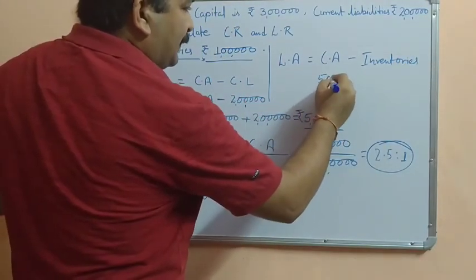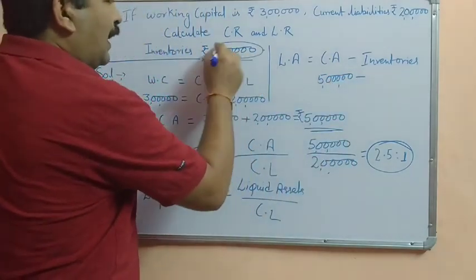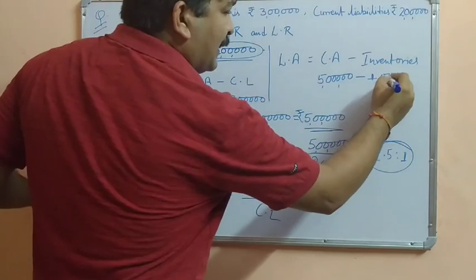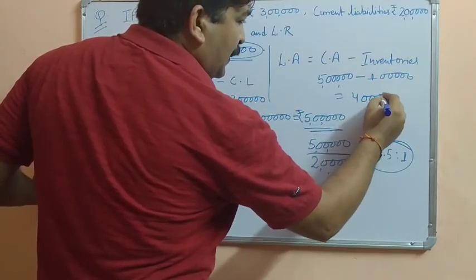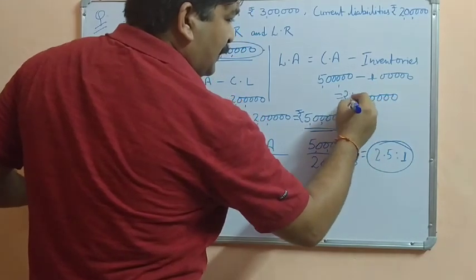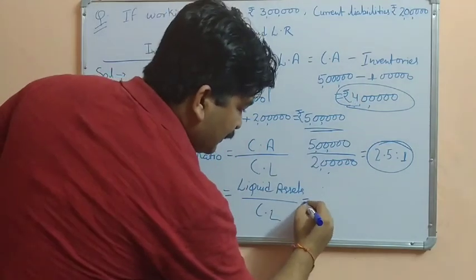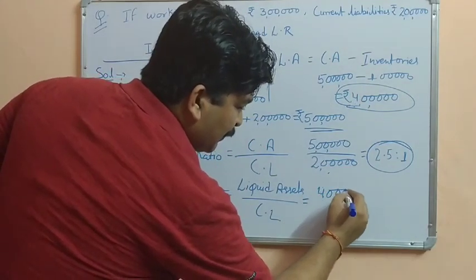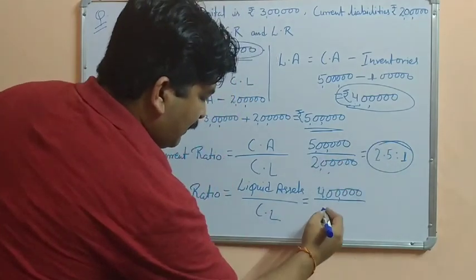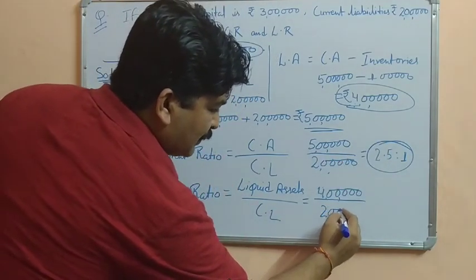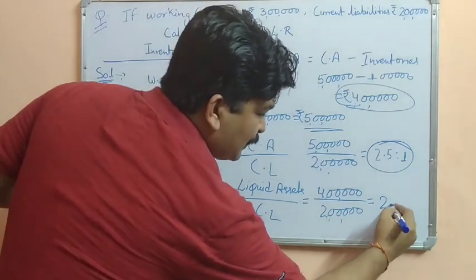Current asset is 5 lakh. Inventory value is given here as 1 lakh. Subtract it. You will get the value of liquid asset, 4 lakh. This 4 lakh, the value of liquid asset, divided by current liability, which is already given in the question, 2 lakh. What do I get? 2 is to 1.